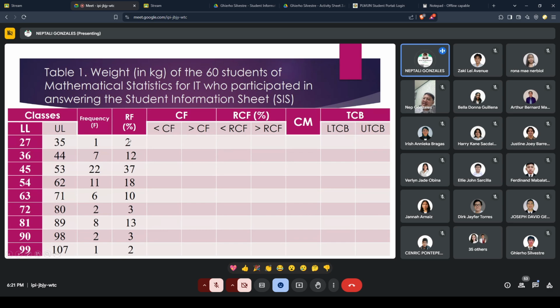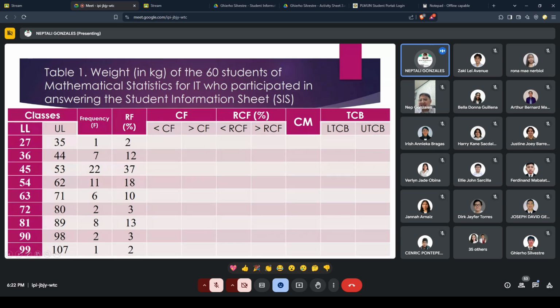Especially if the given data will give you decimals. But here, you don't have a problem because the given data, the raw data, are all in whole numbers. So next is your CF.